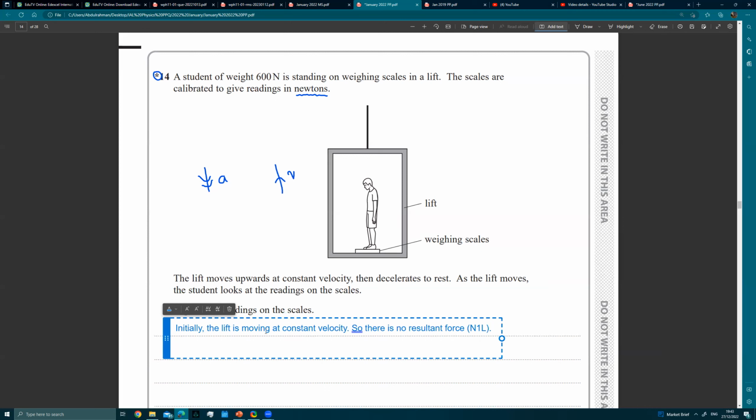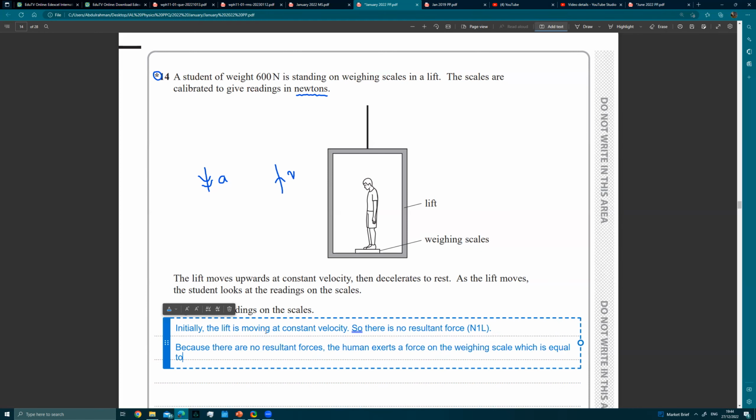Because there is no external resultant force acting on the human, the human exerts a force on the weighing scale which is equal to his weight. Because that's generally what happens normally.